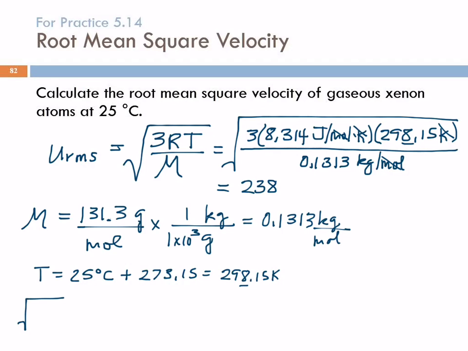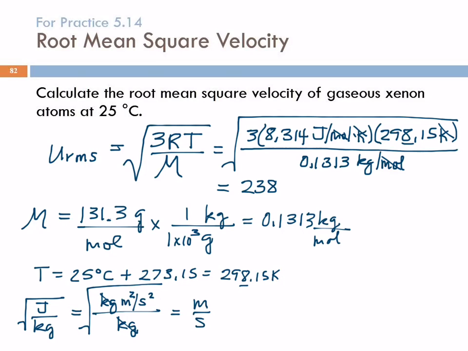A joule is equal to a kilogram meters squared per second squared. And that's divided by kilograms, and it's the square root. So kilograms cancel, and then we end up with meters per second. And that's why the molar mass has to be in kilograms. So this is 238 meters per second.